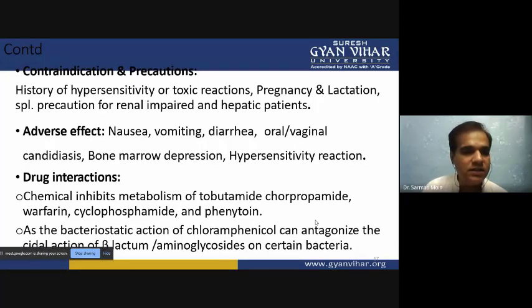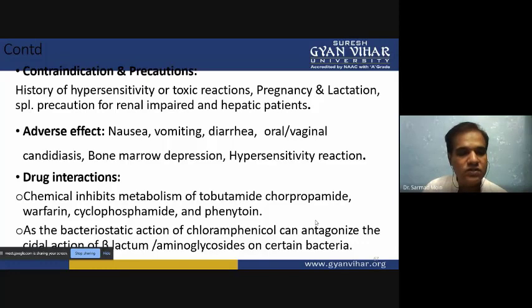Now other drug interactions. Tetracycline inhibits the metabolism of tolbutamide, and chloramphenicol inhibits that of warfarin, cyclophosphamide, and phenytoin. So when in combination with these antibiotics, they will inhibit the metabolism.